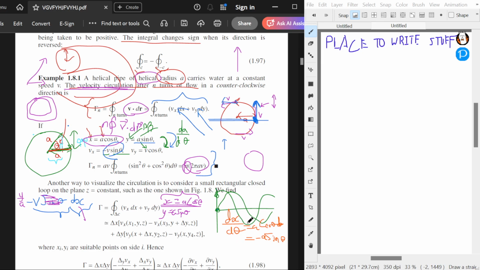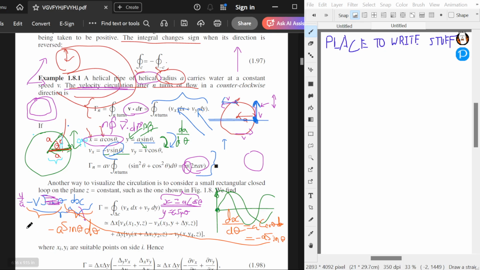Alright, so minus a sine theta. So if we substitute all this stuff into here, dx equals negative a sine theta multiplied by d theta.